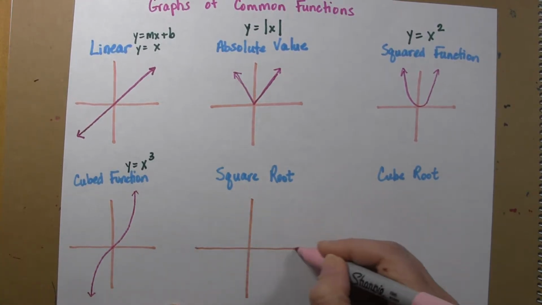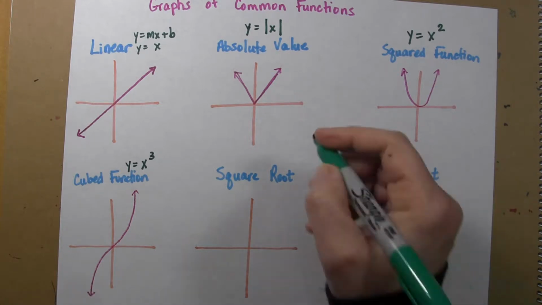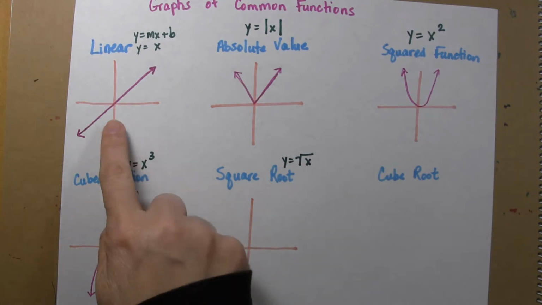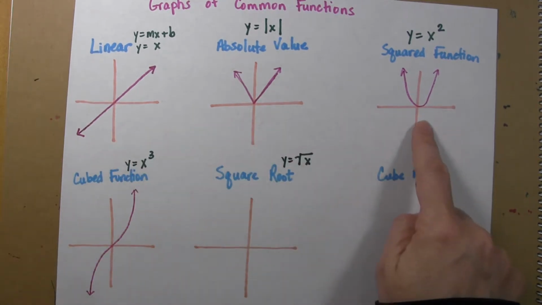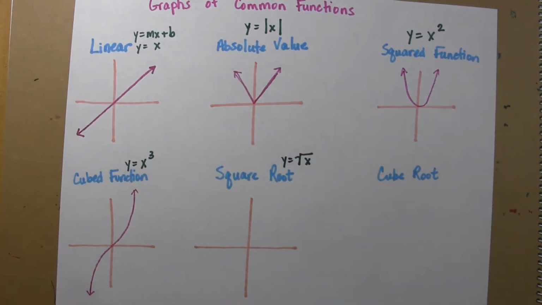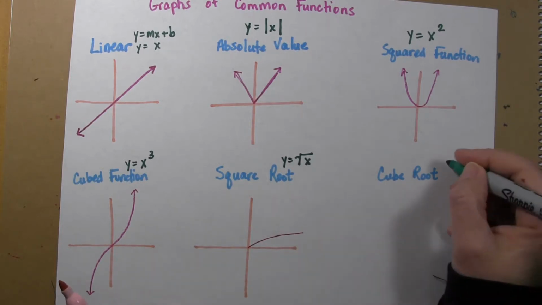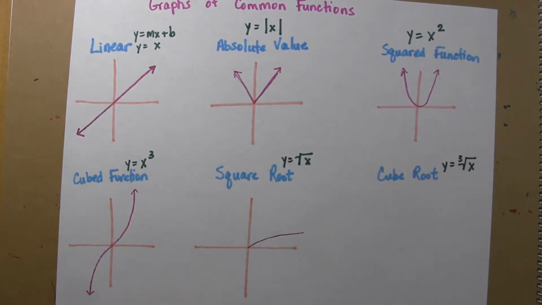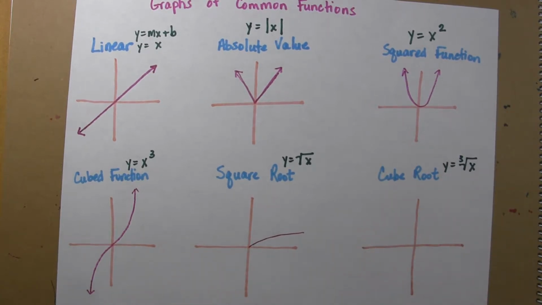And if you are graphing something that is the square root, so like y equals the square root of x, then you do not get a line, you do not get a V, you do not get a U, you do not get an S. Instead, you get a little curve like that. And if you're doing the cube root of something, which would be like y equals the cube root of x, then you get something completely different altogether.